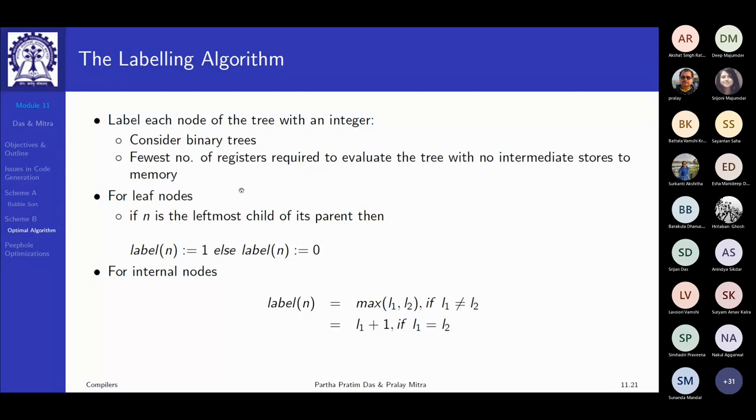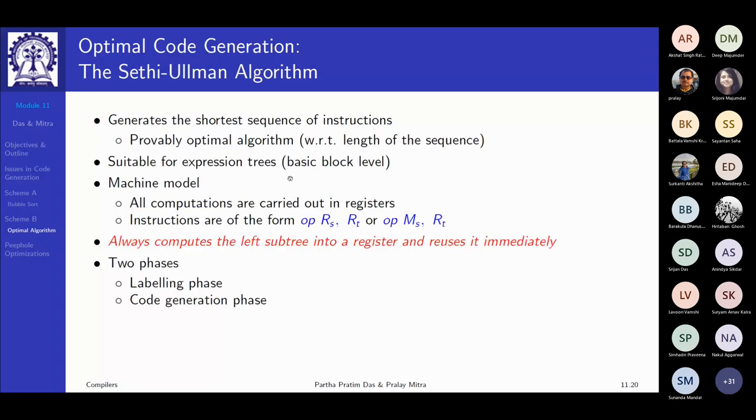We're trying to see how many registers I need at the minimum to evaluate this expression tree if I do not want to store any intermediate result. And remember, going to the previous slide, that we always compute the left subtree into a register and reuse it immediately. That is the basic assumption.